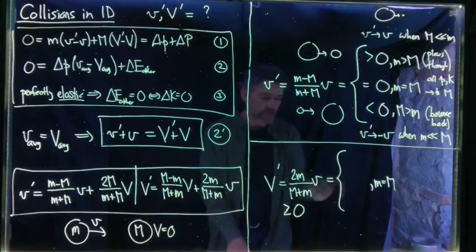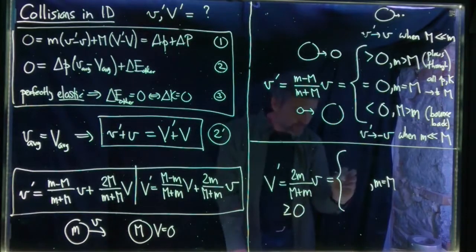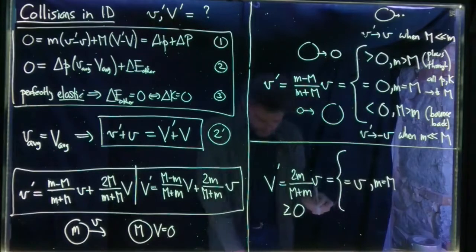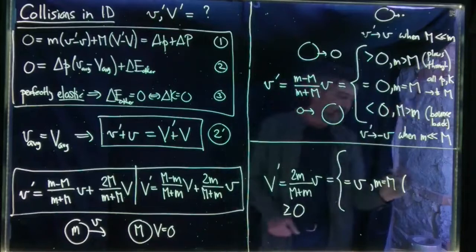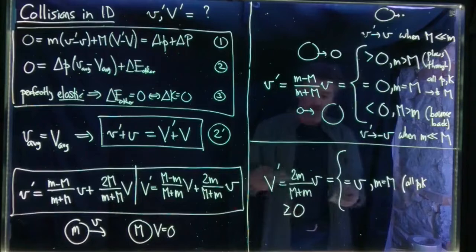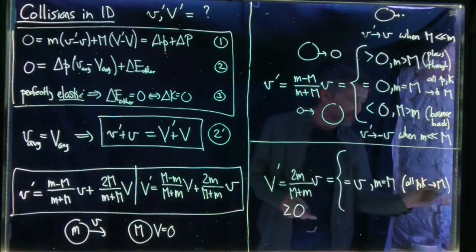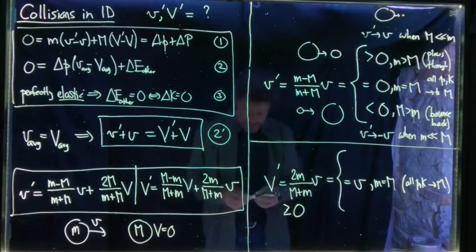If these masses are equal, then big M is equal to little m, the denominator is twice little m, the numerator is twice little m, and so big V prime, the final velocity of that colored ball, is equal to little v, the original velocity of the cue ball, or the white ball. Okay, so this makes sense. It makes sense because all of the momentum and kinetic energy of little m goes into big M. And so since their masses are equal, it has the same velocity.